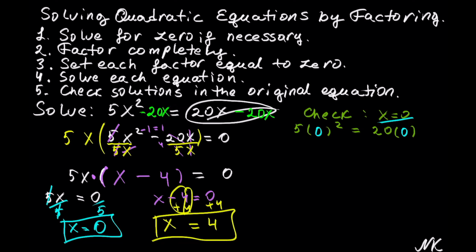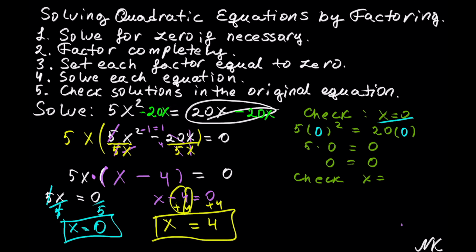This will give us 5 times 0 to the second power equals 20 times 0. And we get 5 times 0 to the second power is 0 equals 20 times 0 is 0. So the first solution checks out.